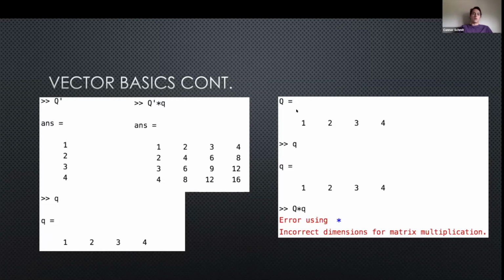If they aren't matching, you will get an error for incorrect dimensions for matrix multiplication, and it'll suggest that you make sure that the rows equal the columns in the matrices. And this multiplication works the same for division.